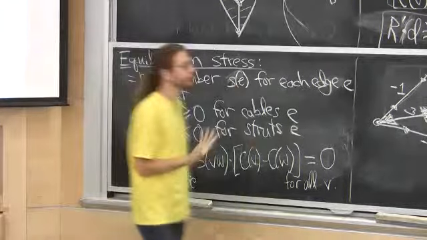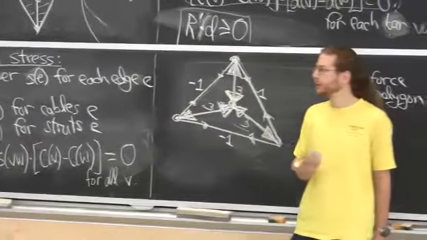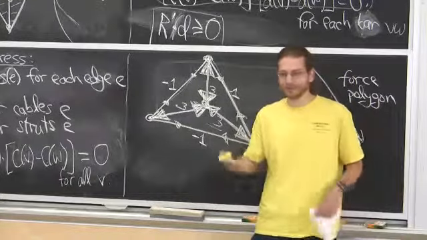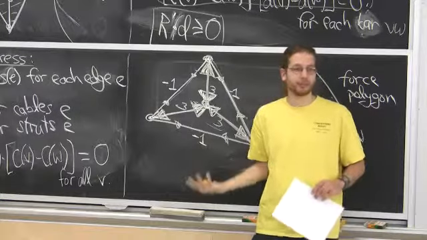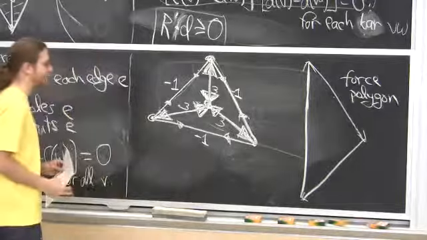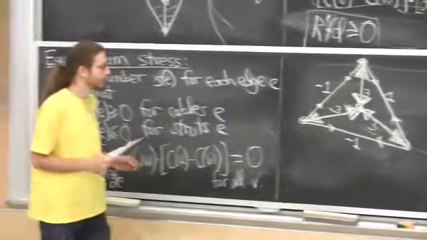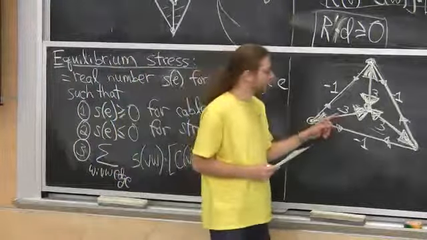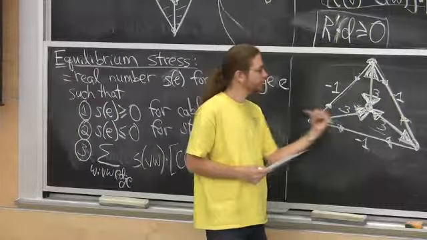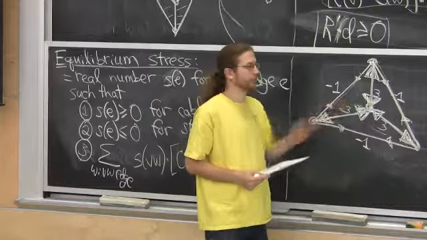If your tensegrity is going to be rigid, somehow the edges can prevent a motion. And intuitively what that means, I'm going to say this right, so this is like an edge pushing really hard away from itself, against the vertices.